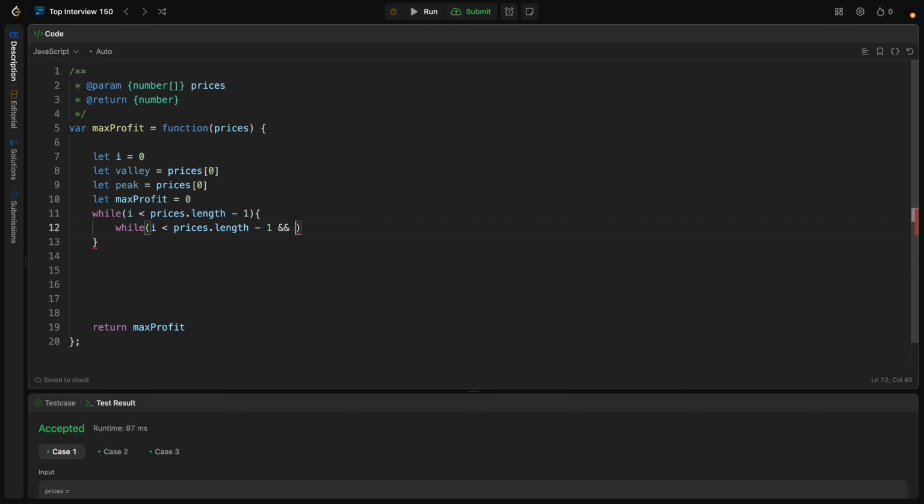So we say that while prices[i] is bigger than or equal to prices[i + 1], just increase i by 1.